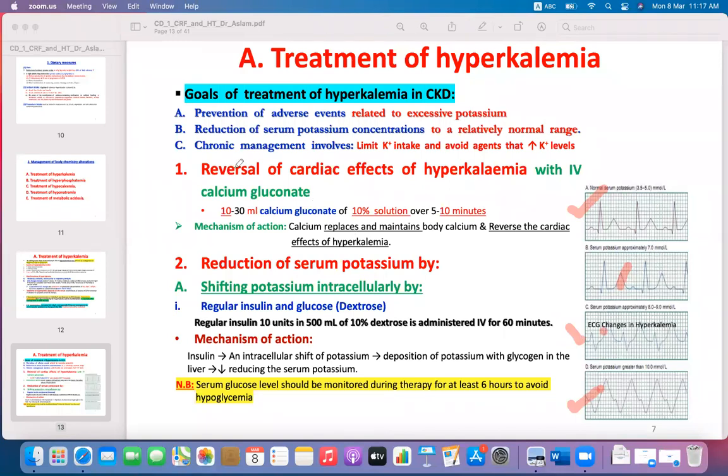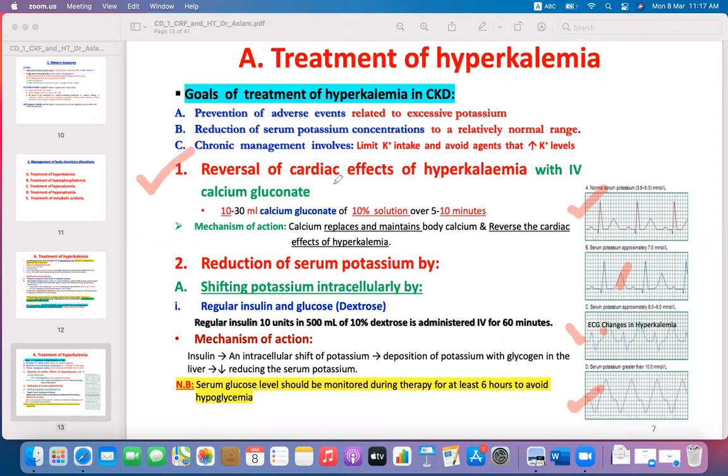The goals of treatment of hyperkalemia in chronic kidney disease are prevention of the adverse events related to excessive potassium, reduction of serum potassium concentration, and management of the potassium intake. How can we reverse the cardiac effect of hyperkalemia?